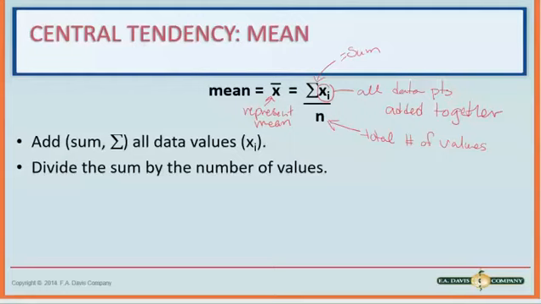So you add up the sum of all the data points and then divide the sum by the number of values. So on the next slide, let's actually do an example of a mean problem using this equation.